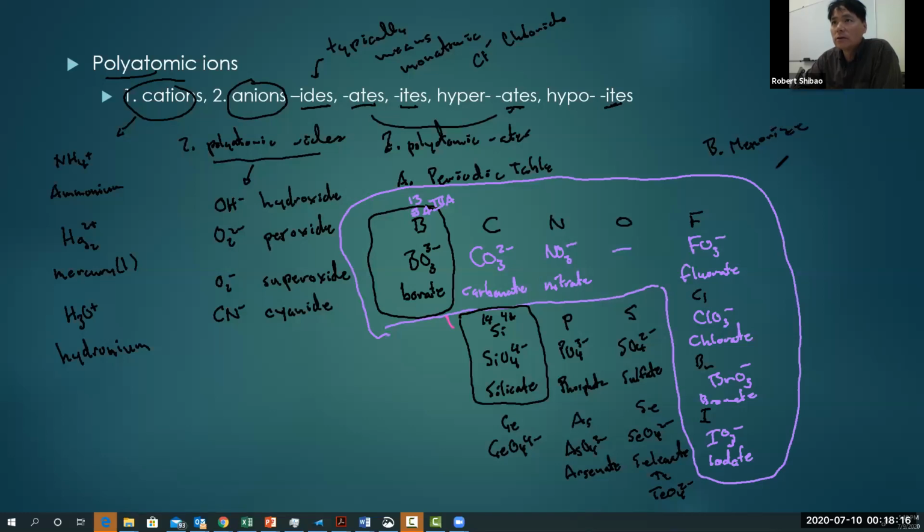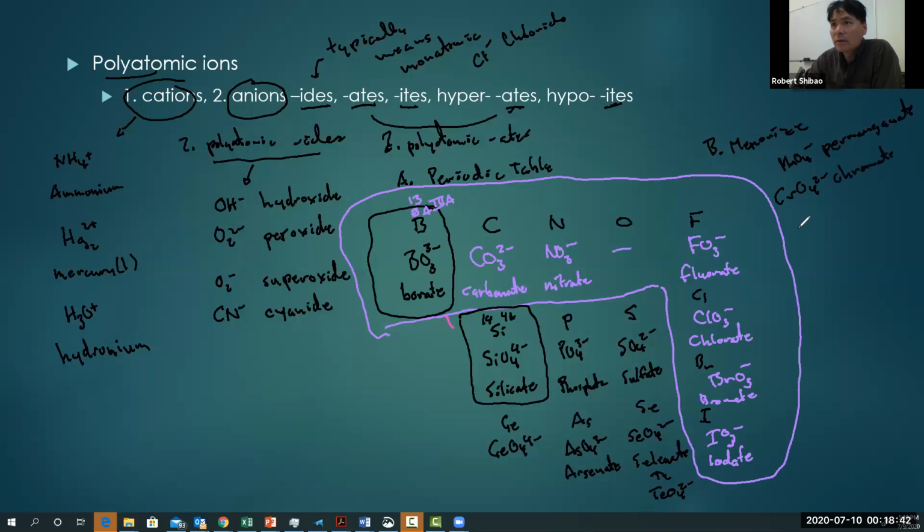And so what are those? The ones that require just straight memorization are, well, we'll just start off with permanganate, MnO4-. This is permanganate. Then we have chromate, CrO4 2-. This is chromate.